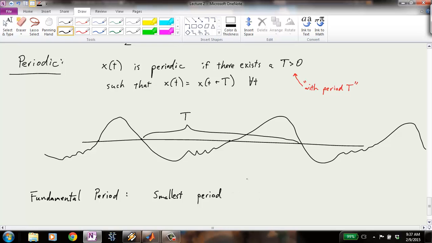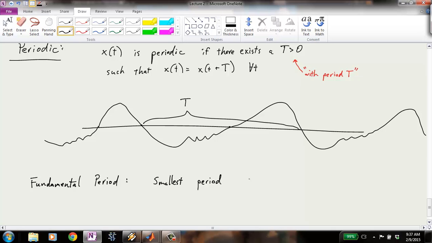Usually you'd say T naught for the fundamental period, the smallest period of a signal. And sometimes you have a fundamental frequency. A frequency is just the inverse of a period. So the fundamental frequency, you might say that's F naught, and that's the inverse of the fundamental period.